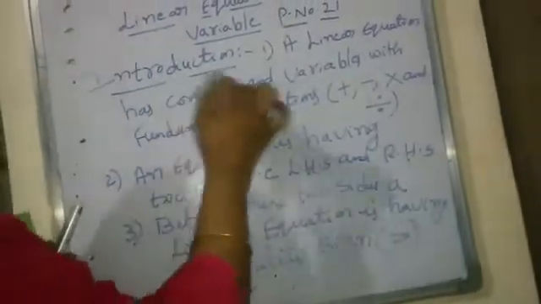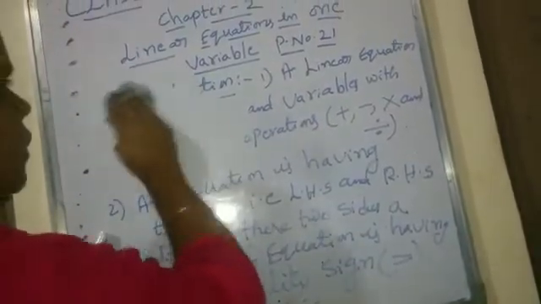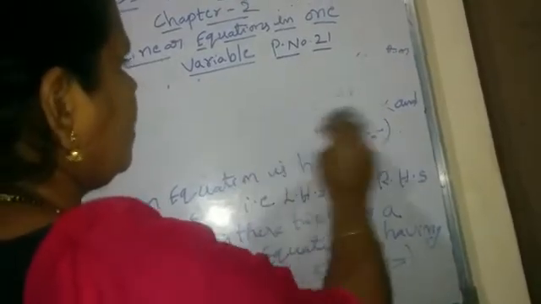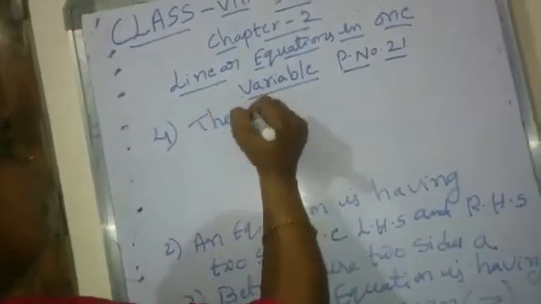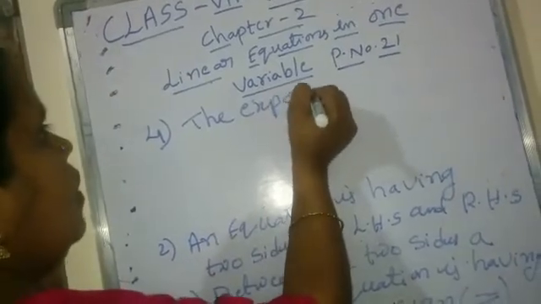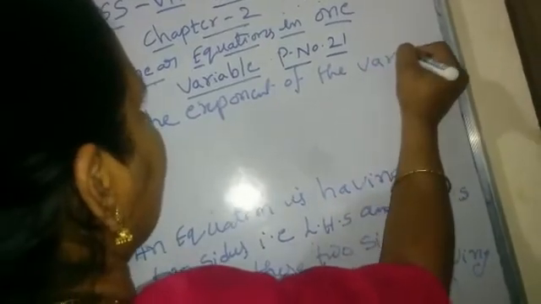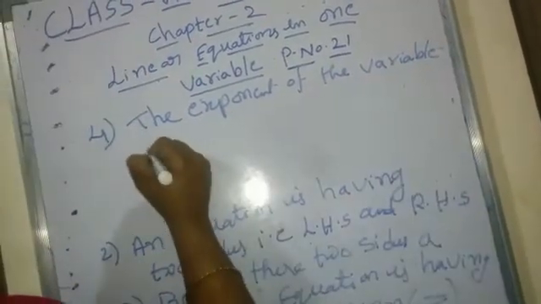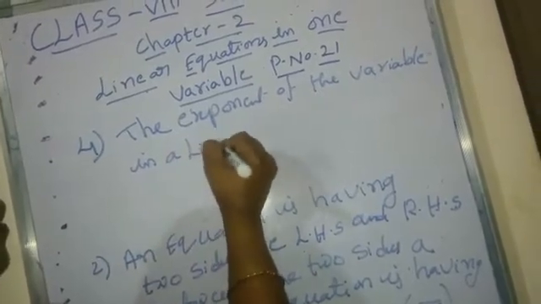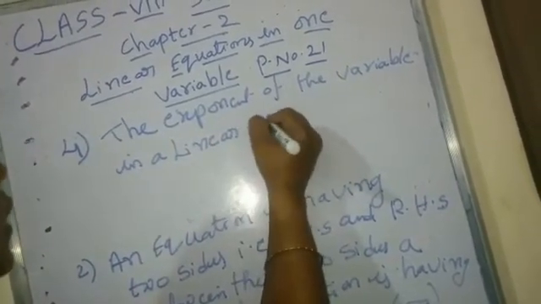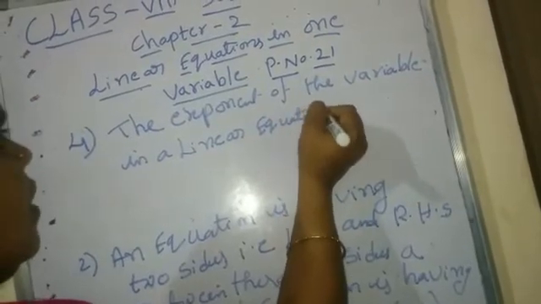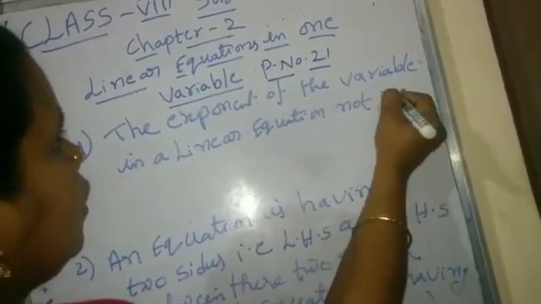Now see, children, fourth one. Write the fourth point: the exponent of the variable in a linear equation is not greater than 1.